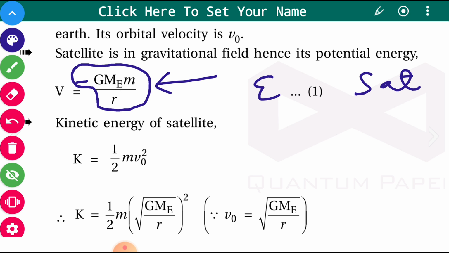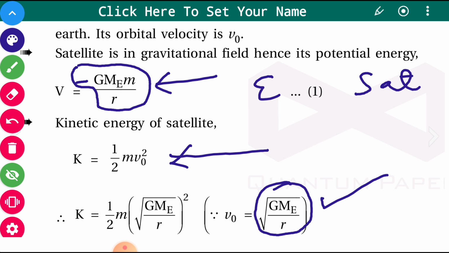Now as this satellite is in motion, the kinetic energy is 1/2 m vo square, where vo is the orbital velocity, and its value, as you know, is the square root of G Me upon r.